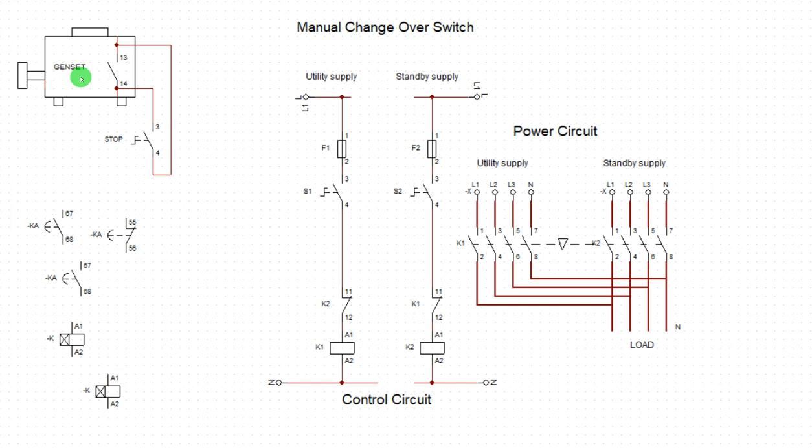Once I start it, I don't need to come back to the panel to turn this switch. I want the power to come in automatically. That is 1. 2, I want to design it such that when the mains is active, I want the mains to shut down the standby and take over.